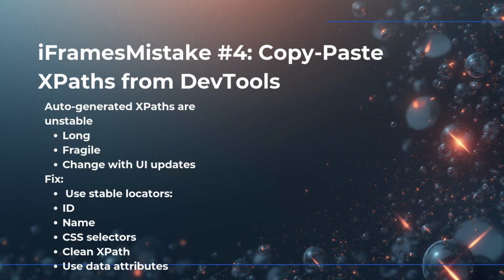They don't see that this XPath is very long, machine generated, uses absolute paths, and breaks if anything in the UI shifts. For an example, this is an example of the XPath, and if one small UI change happens here, your locator will die.